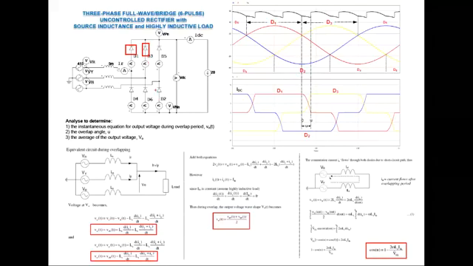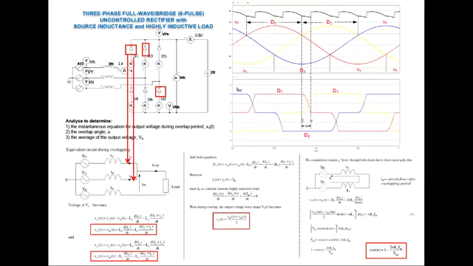The summation of IR plus IY flowing through the output equals IDC, which flows through D2.